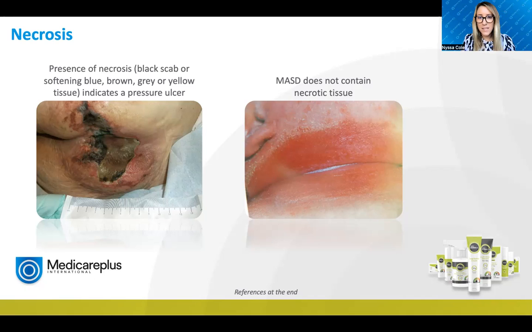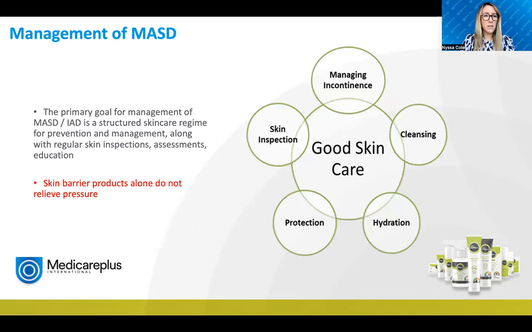Whereas moisture-associated skin damage does not contain necrotic tissue, because the damage occurs from above. So the urine is affecting that acid mantle and that barrier of the skin and that epithelial layer, whereas pressure ulcers happen from underneath. So that's the damage to the blood supply to that tissue. So you have to think of it as the two different ways.